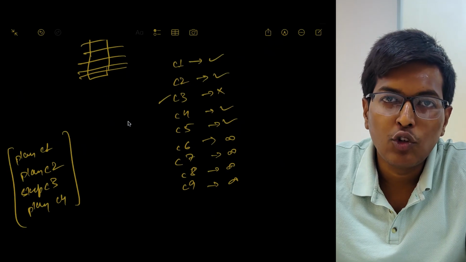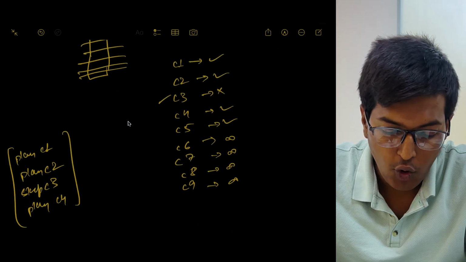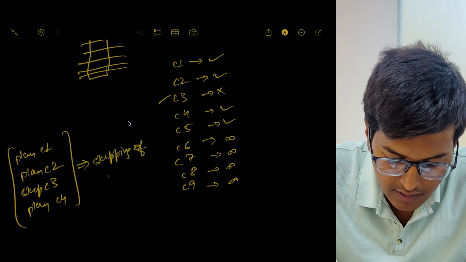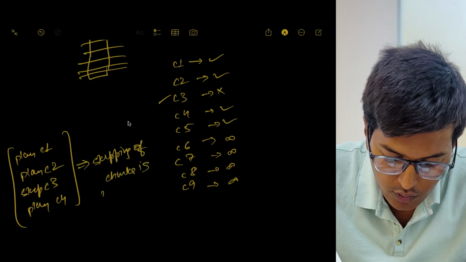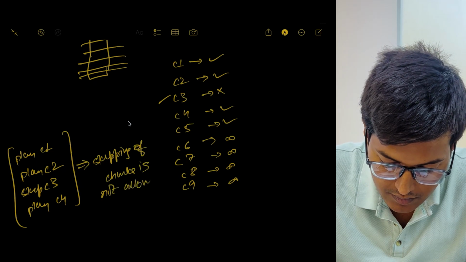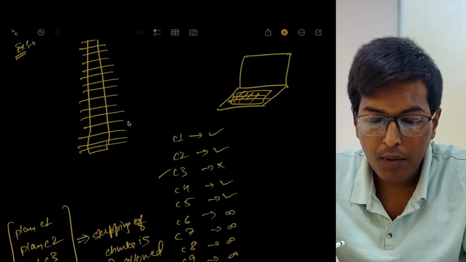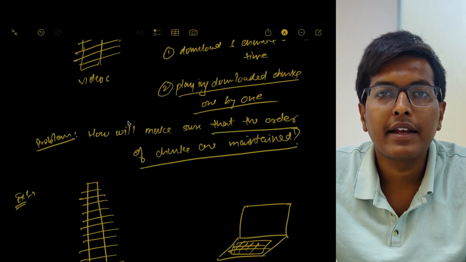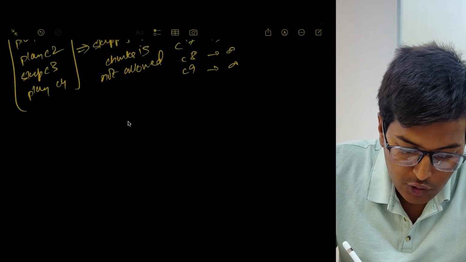No, right? That is not something that can be done in a recorded sense. So skipping of chunks is not allowed. Right? So that is a problem, how will you make sure that the order of the chunks is maintained, right?